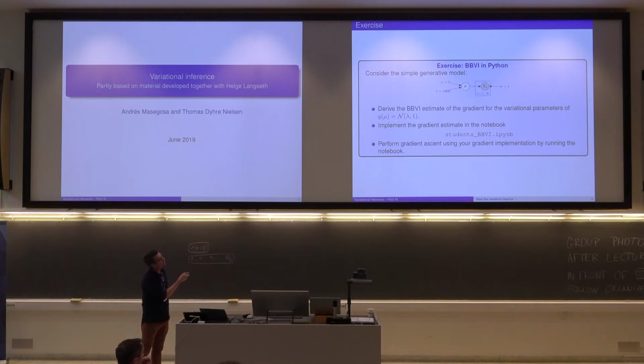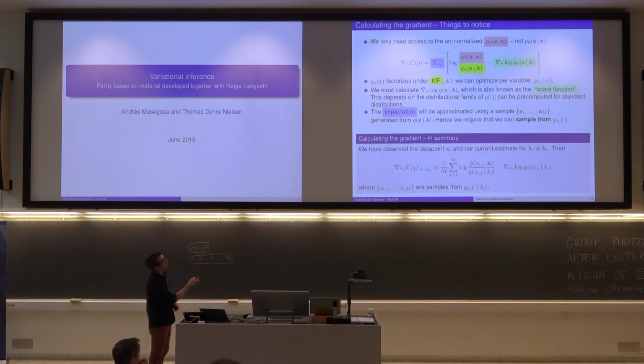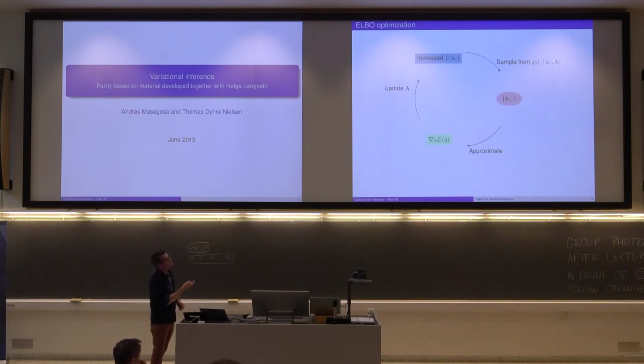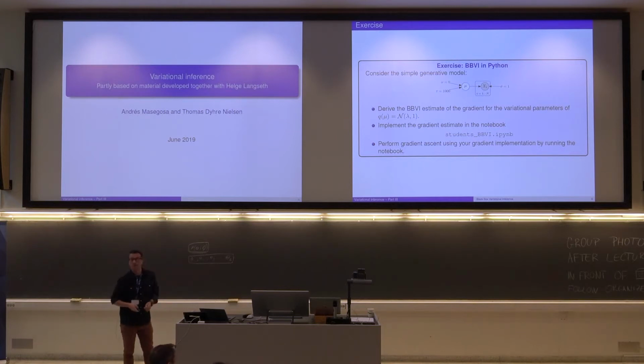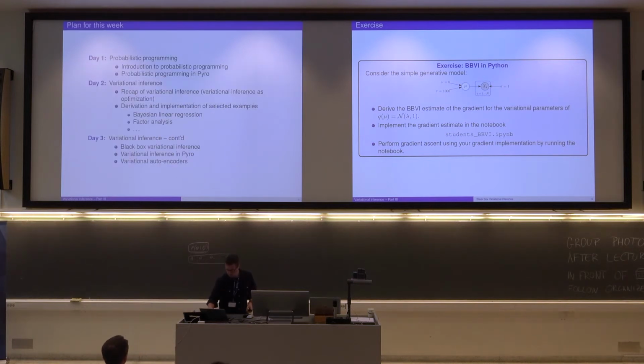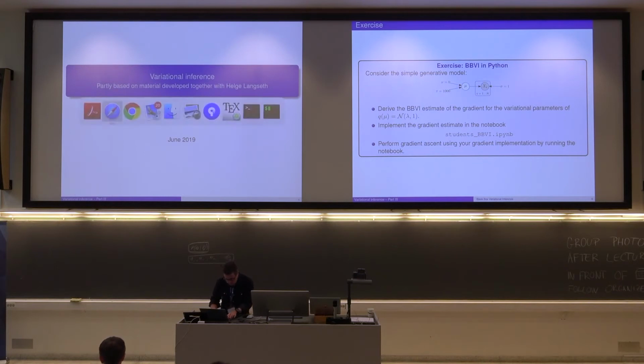And what you should do now is to try to derive the updating rule, the details that we see here, for this simple model that we have up here, and implement this part in the notebook students BBVI that you can download from GitHub. We have already provided you with, just show here.